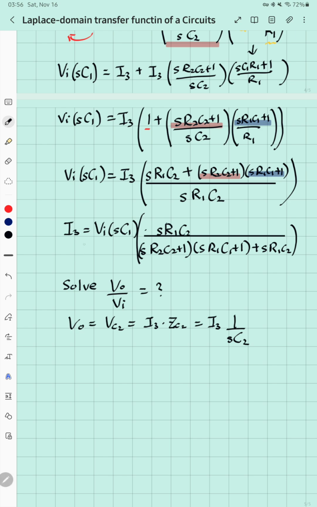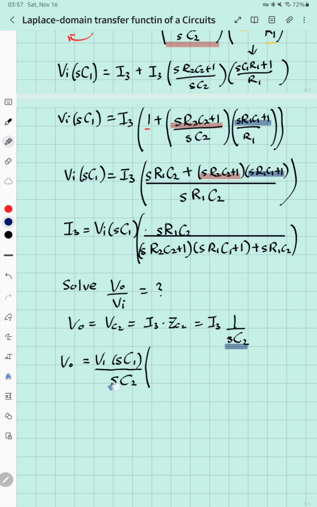I3 happens to be, so we write down V out, which is this, and we rewrite the whole V in: I1 SC1 over SC2.